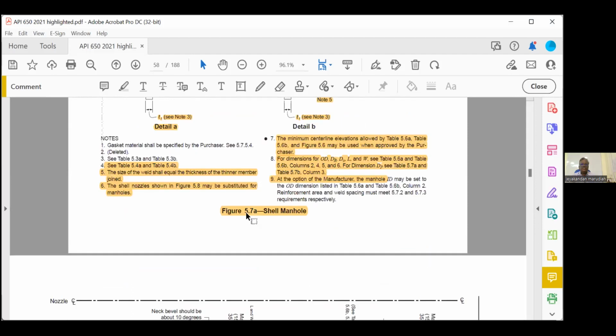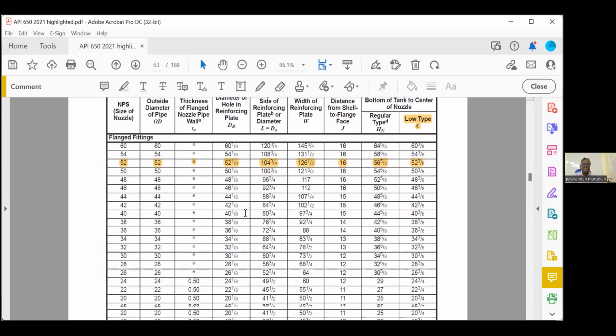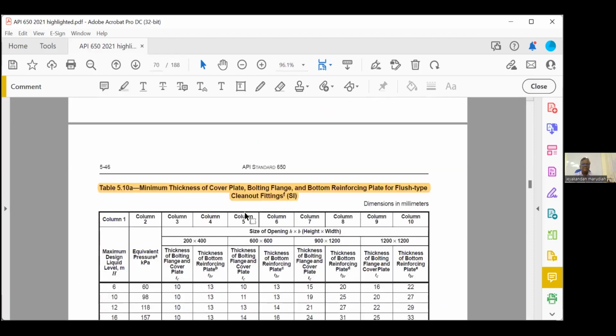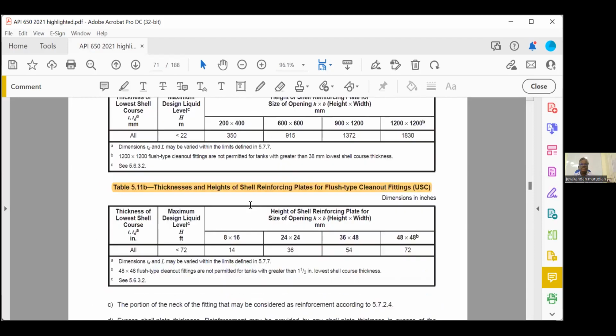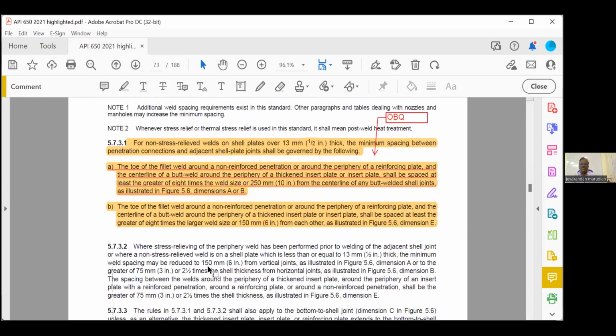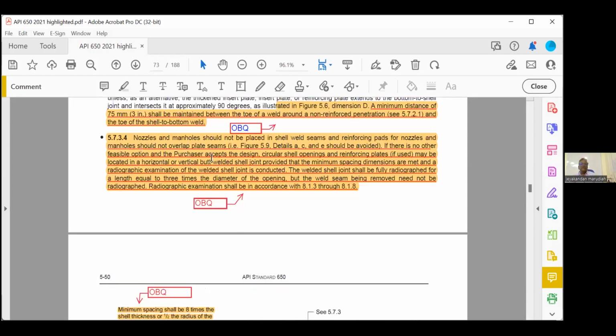The paragraph will be somewhere and the table somewhere else, but in the same exam book. Right here, page number 5-49, it is given. You can see, if there is no other feasible option and the purchaser accepts the design, it may be located on a horizontal or vertical butt weld, provided the minimum spacing dimensions are met and the radiography examination is conducted. So we have to take radiography examination.